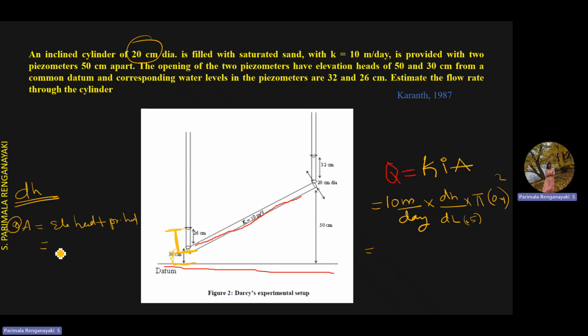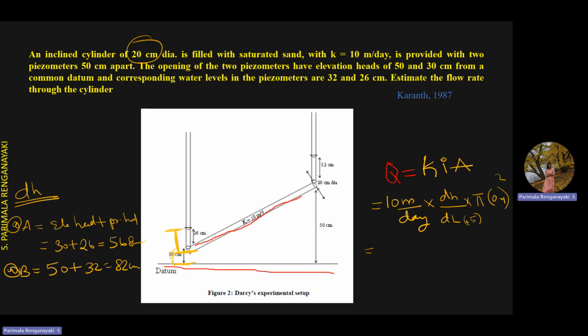So at A, it is 30 plus 26, which is nothing but 56. At B, same formula, elevation head plus pressure head: 50 plus 32, 82 centimeter. Generally, we tend to subtract like this, 32 minus 26.